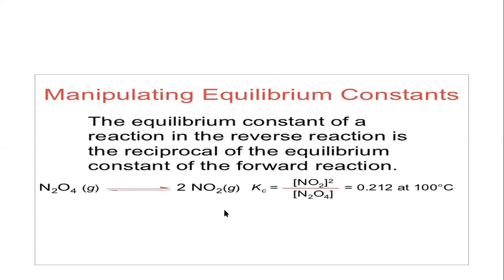That is when you are moving back from NO2 to N2O4. Any ideas? Using what our friend told us, that is 1 over the value. Here we are looking at the constants, which have been calculated for us already as 0.212. So I'm interested in the value here. If the equilibrium constant for the forward reaction is 0.212, what will be the equilibrium constant for the reverse reaction?